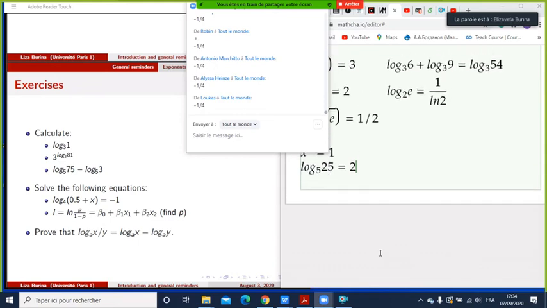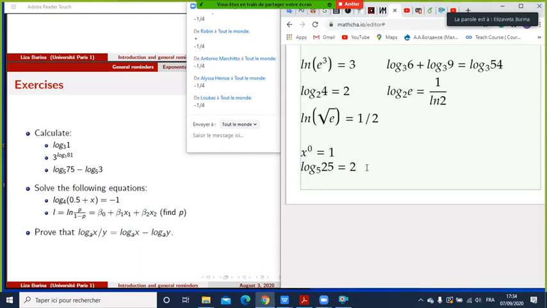So how did we get minus 1 over 4 out of this ugly thing? We have logarithm to the base of 4 of 0.5 plus x.